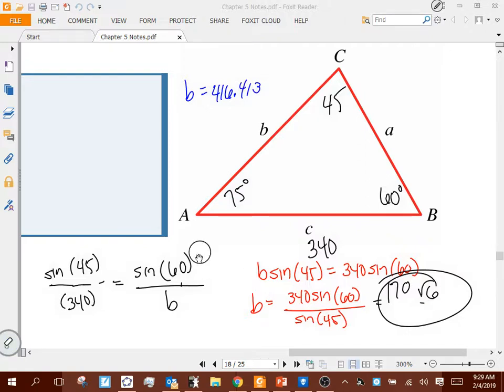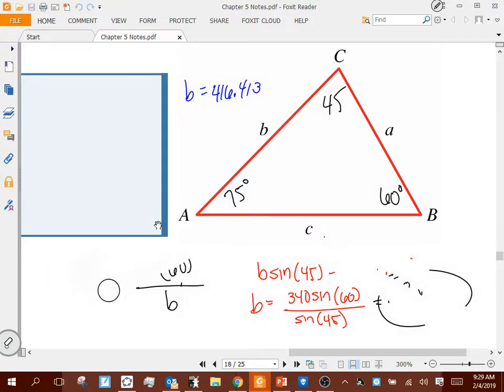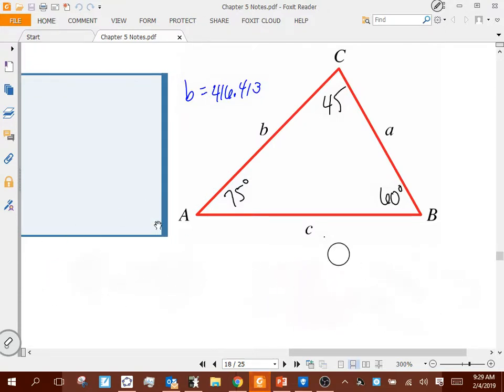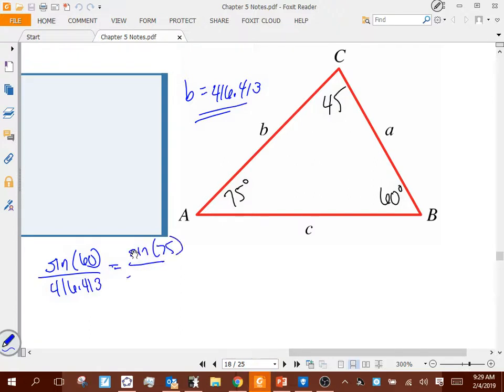If I want to solve for A, I now have this side here that I could use. Does that make sense? So I could say maybe sine of 60 over 416.413 is equal to sine of 75 over A. Does that make sense, everybody?